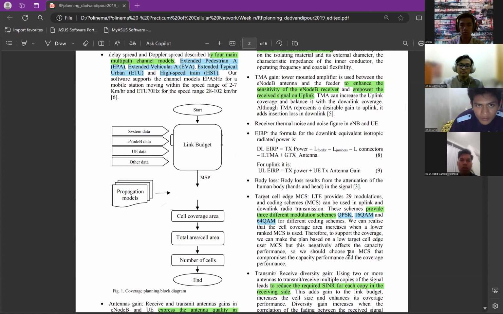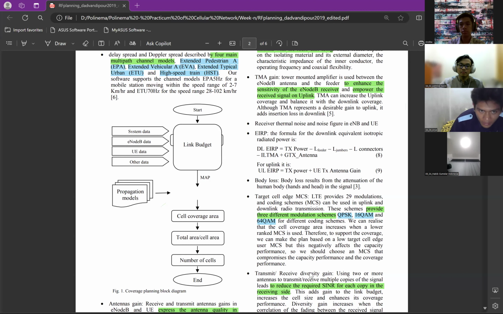All software supports the channel models EPA 5 Hz for a mobile station moving within the speed range of 2 to 7 km per hour, and ETU 70 Hz for the speed range of 8 to 102 km per hour.